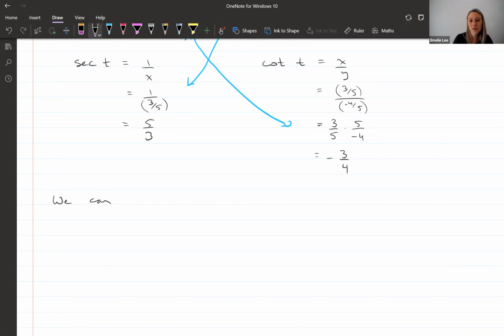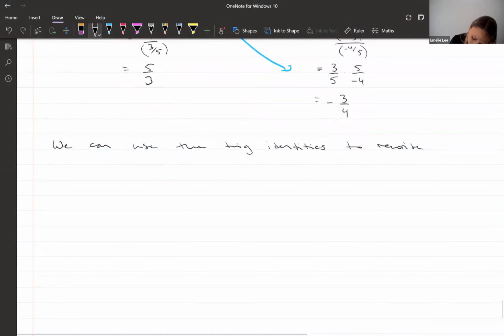We can use the trig identities to rewrite trig functions in terms of other trig functions.